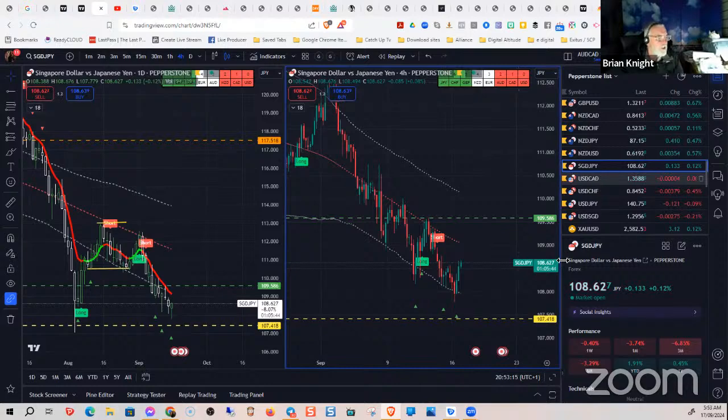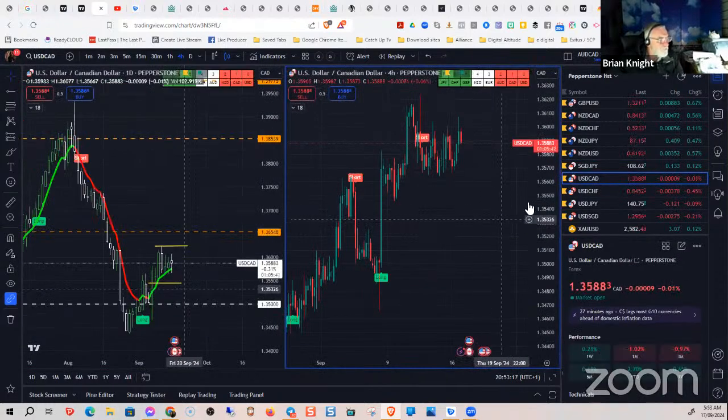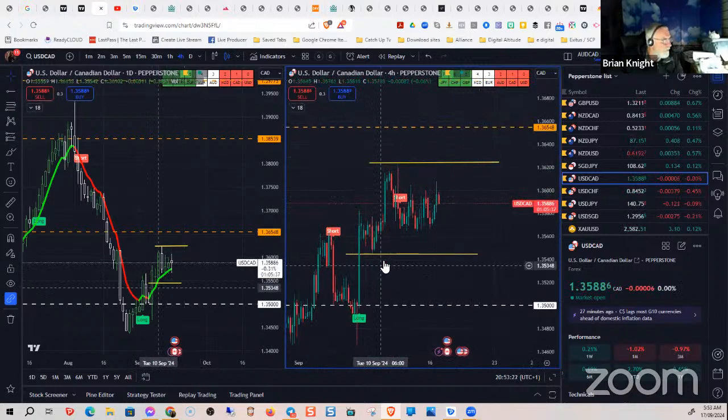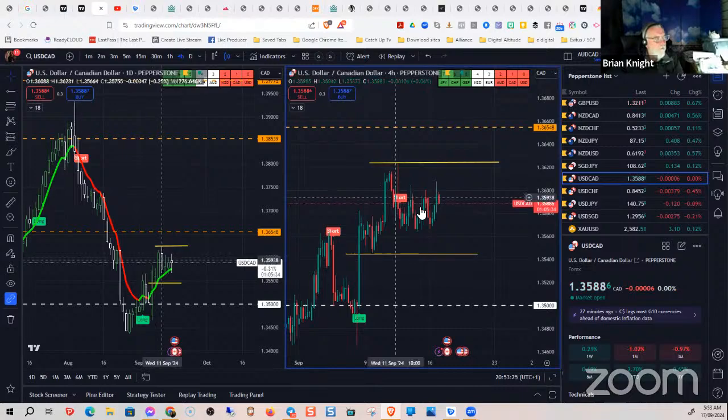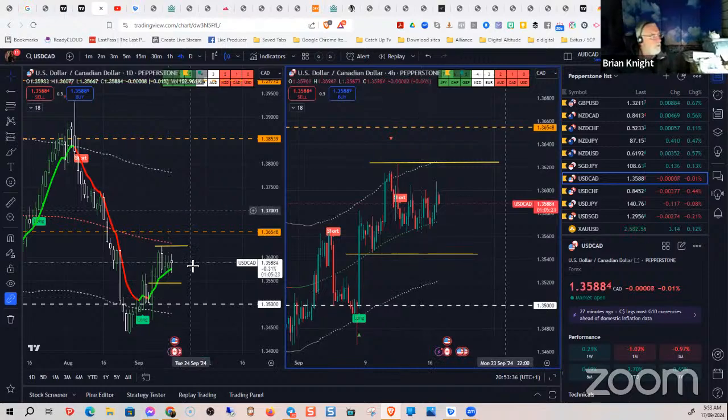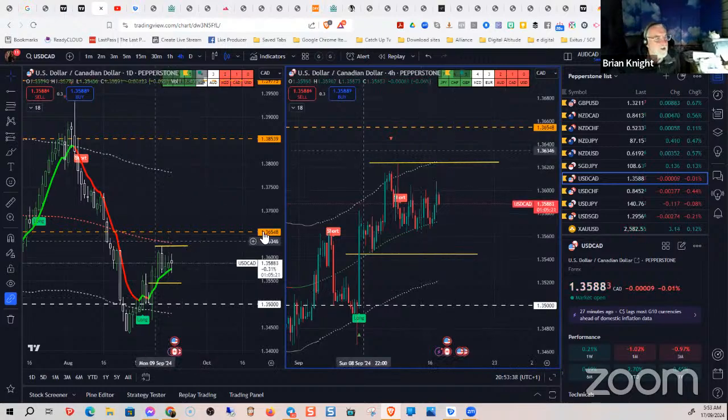All right, USD CAD, sideways at the moment. Broke that short. Back up, back down. It's going to break up the top, but that'll put it around the middle on the daily.